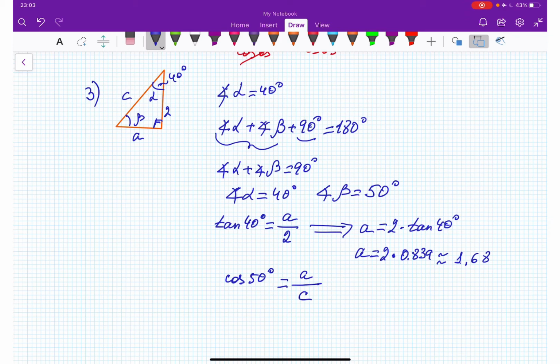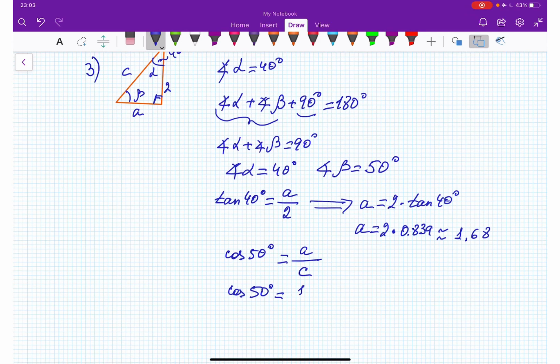Since A we know is 1.68, cosine beta, which is 50 degrees, is equal to 1.68 over C.